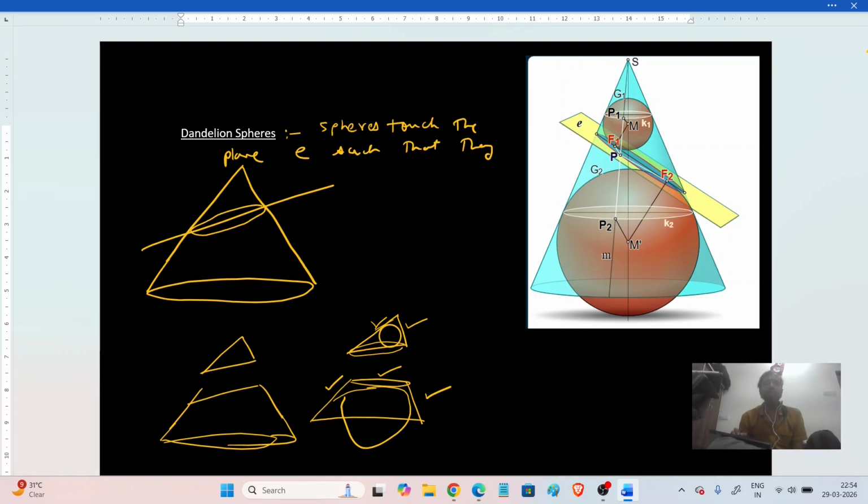Or I can just say the spheres touch the plane E at the focus of the ellipse. So this is the theorem. So how do we prove that?